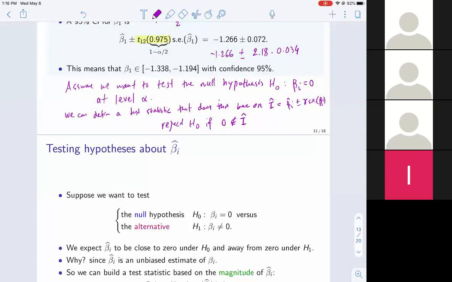Okay, if 0 does not belong to this interval, reject the null, otherwise accept the null.